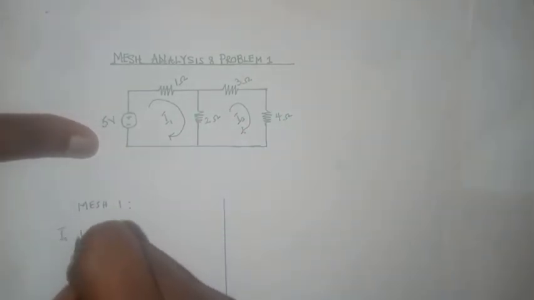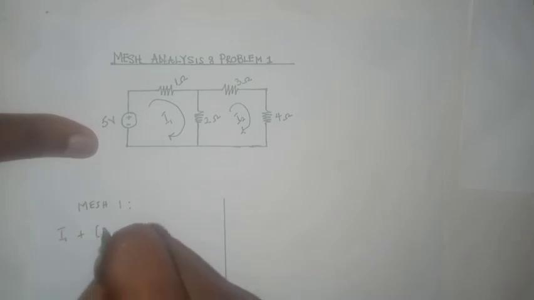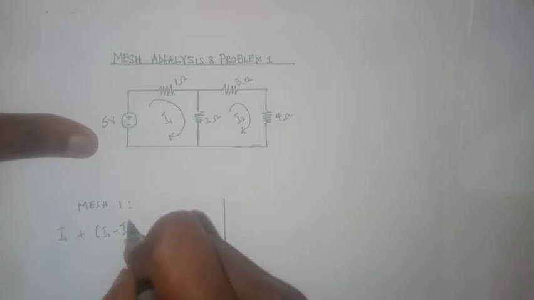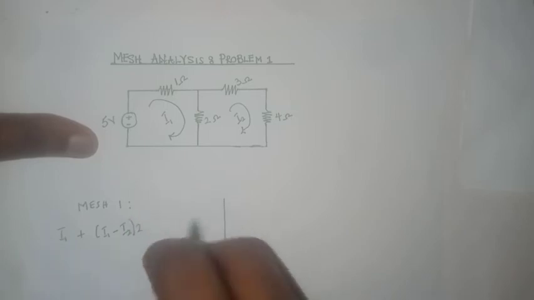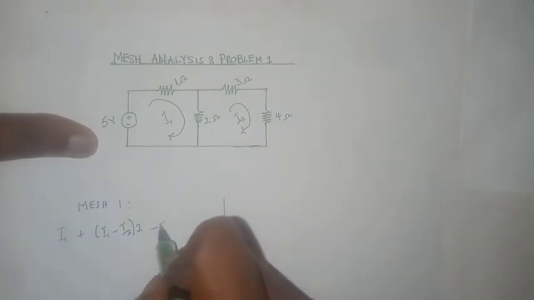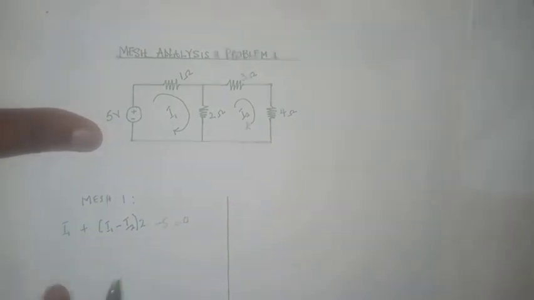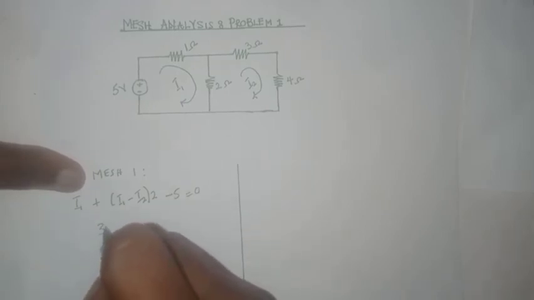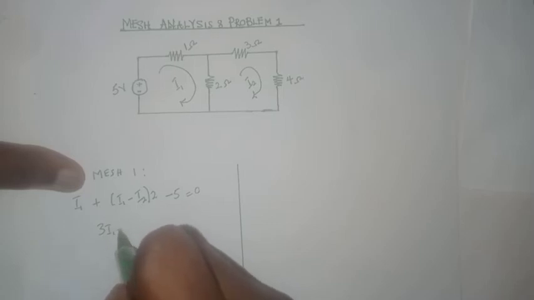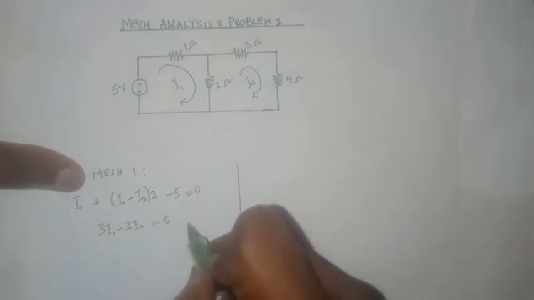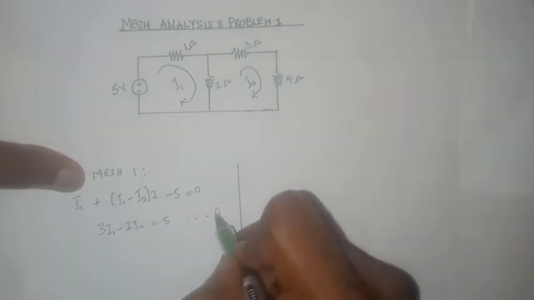So then plus open brackets I1 minus I2 into 2, then minus 5, then we equate everything to 0. So with that, we arrive at 3I1 minus 2I2 equals 5. And we can call that our first equation.